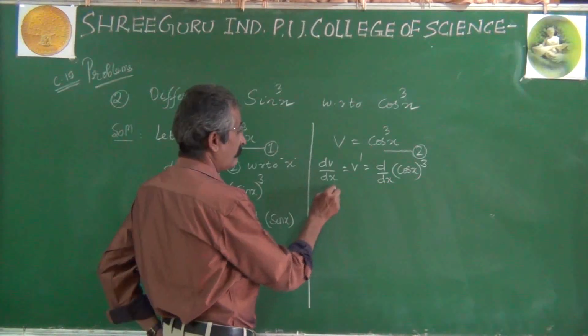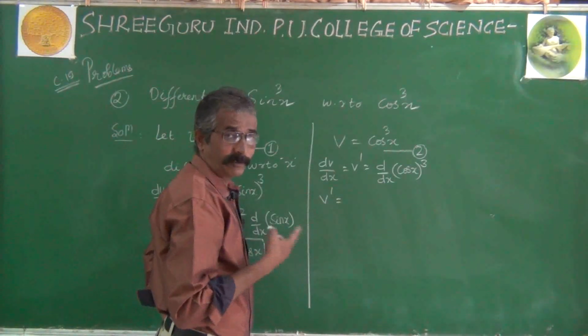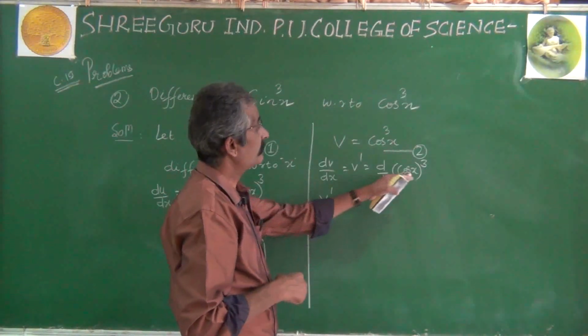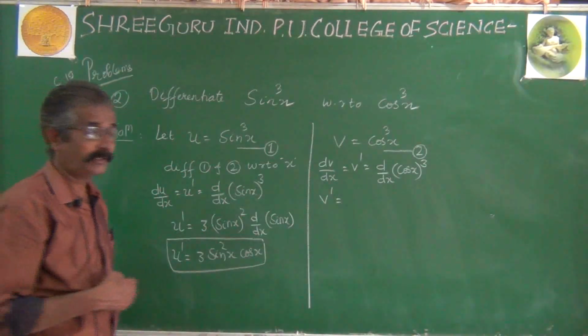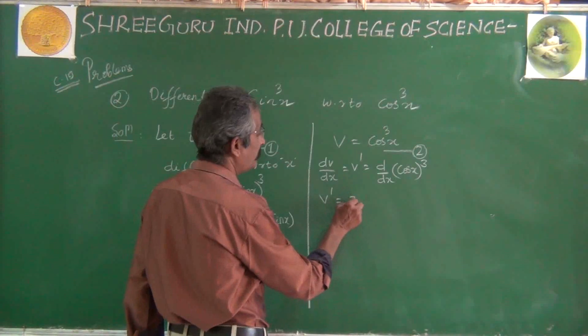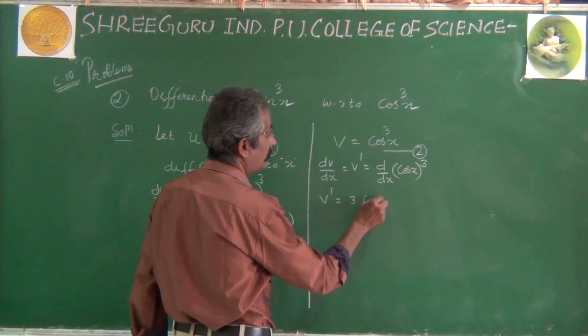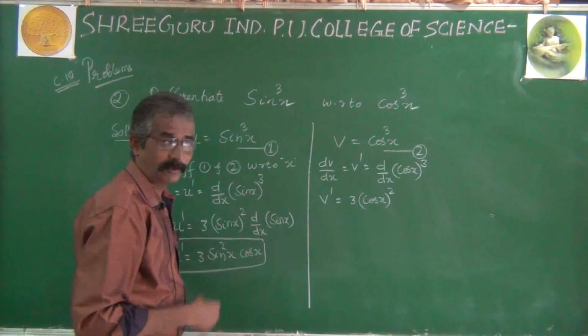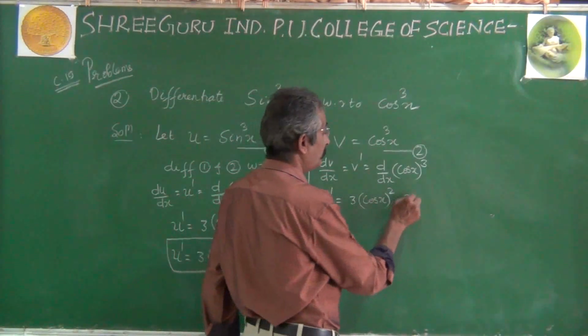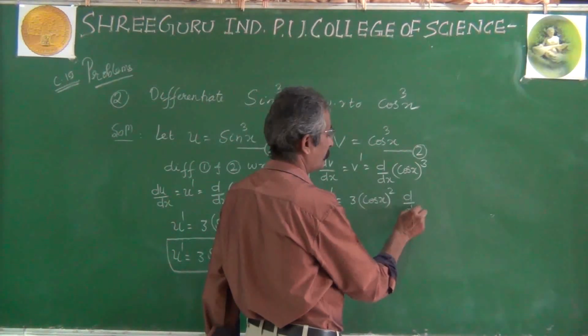So now, v dash is once again just like a differentiation of u to the power of n: n times u to the power of n minus 1 into u dash. By that rule, 3 into cos x to the power 3 minus 1, that will become 2, into the derivative of cos x.